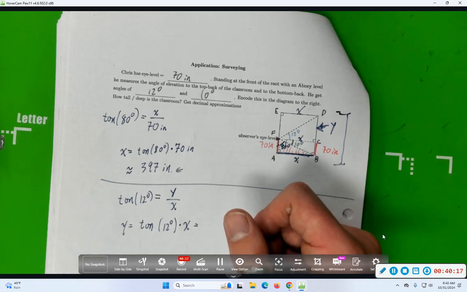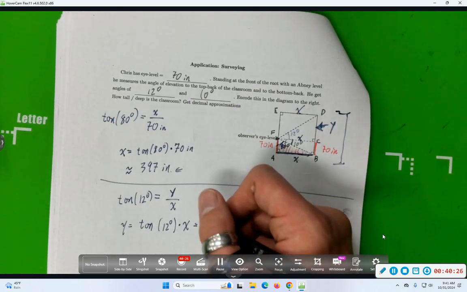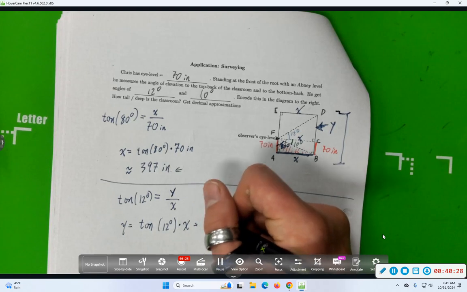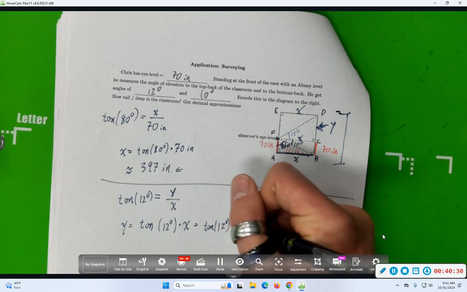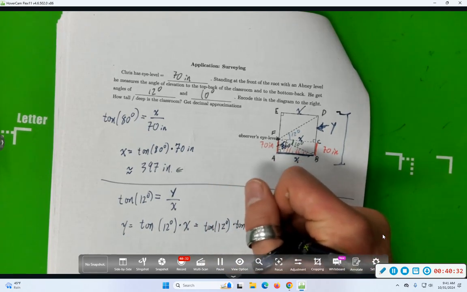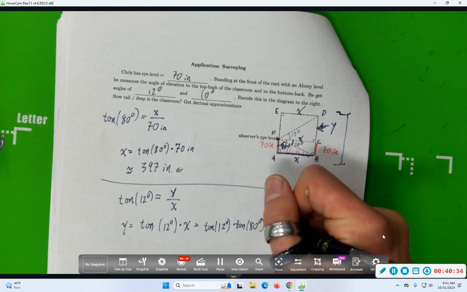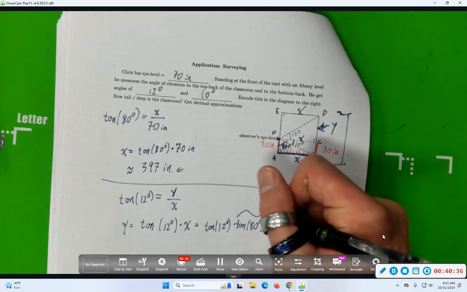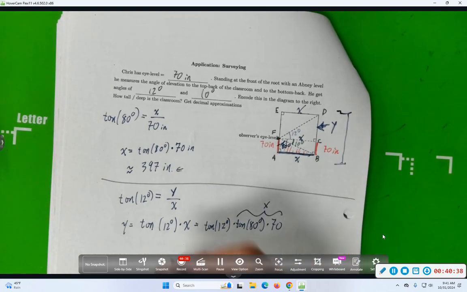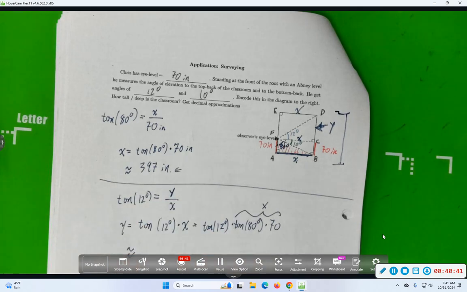There are great big measurement errors at the start, so it's not going to cost me a noticeable error on top of those. But you should use exact values when possible. So tangent 12 degrees multiplied by tangent of 80 degrees, coming from the x times 70. All that is x. And now I can get a decimal approximation.